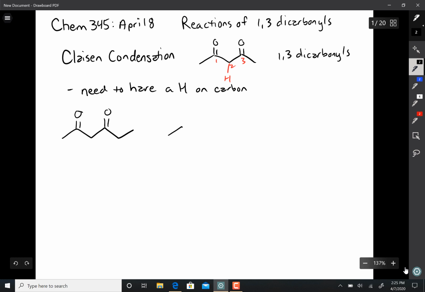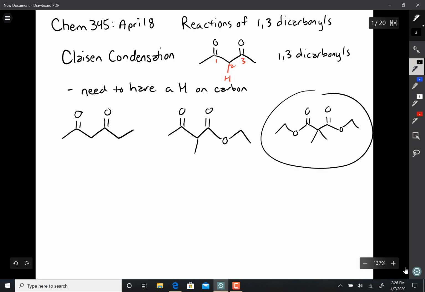This can be made from a Claisen. This can be made from a Claisen. This, on the other hand, cannot be made by a Claisen.